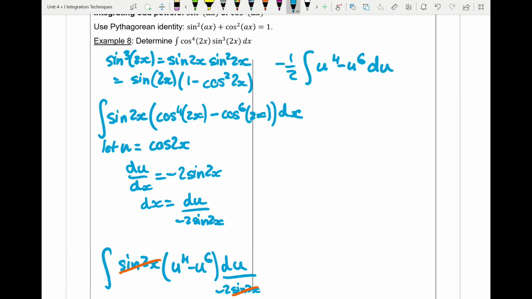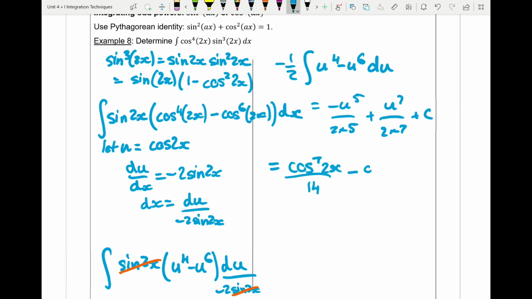So all we're left with here is negative u to the 5 on 2 times 5, plus u to the 7 on 2 times 7, plus c, which gives us cosine to the 7 of 2x on 14, take cosine to the 5 of 2x on 10, and let's just neaten that up as well. And that is the answer to our integral.